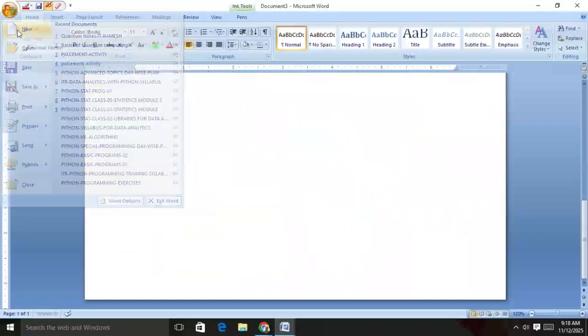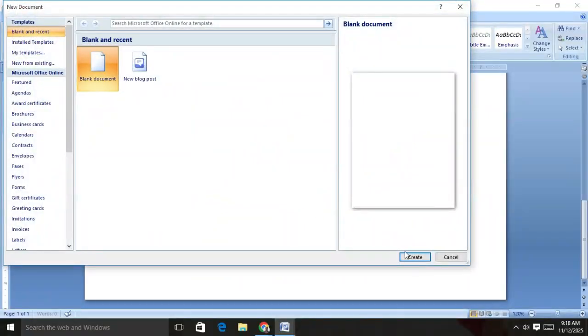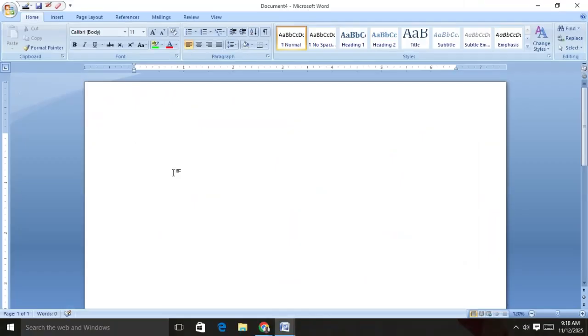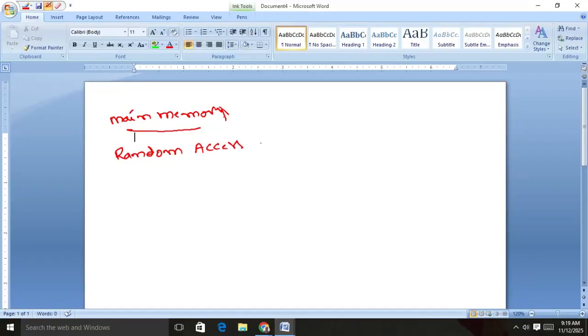Finally, I am going to discuss the main point, that is the main memory. It has several names. This is also known as random access memory, simply RAM, right?